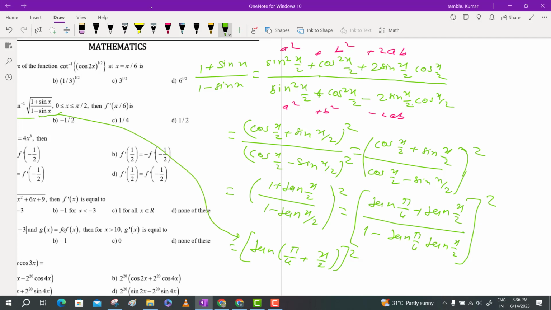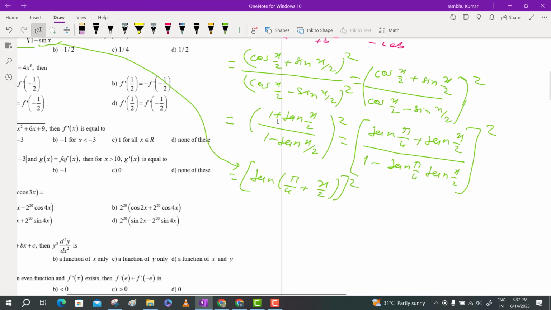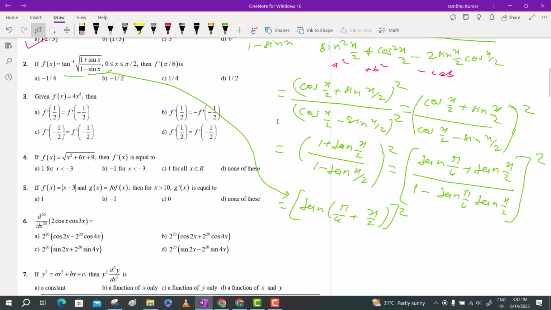Now we can write this whole function f of x as tan inverse of tan of (pi by 4 plus x by 2).